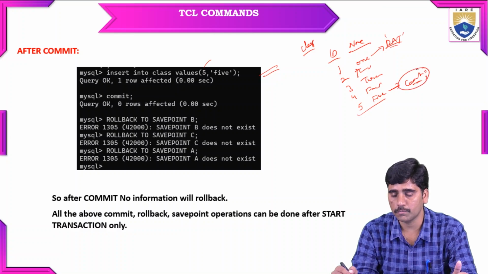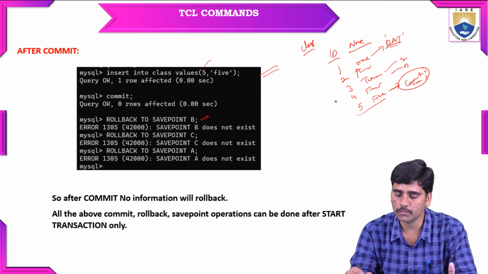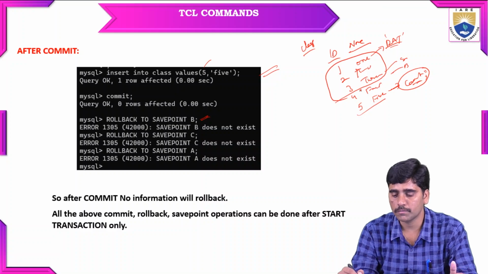After performing this commit operation, I try to roll back my data to save point B, or save point A. I tried to roll back to save point B. That means I am going to display these 3 values, because I created save points at particular stages.